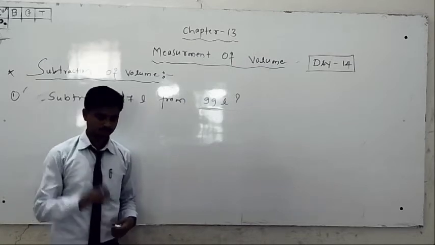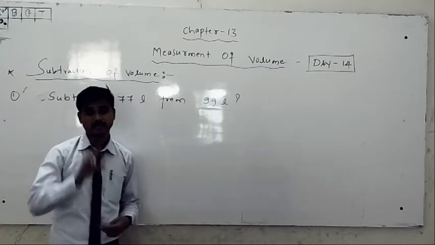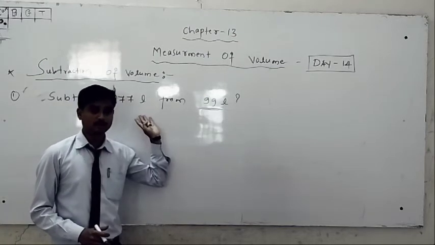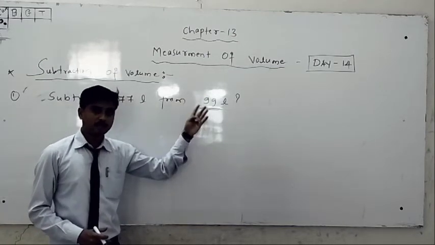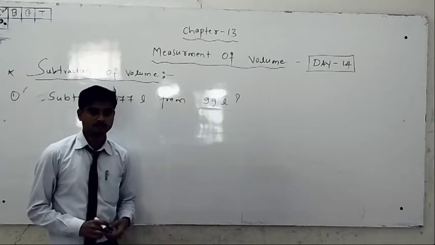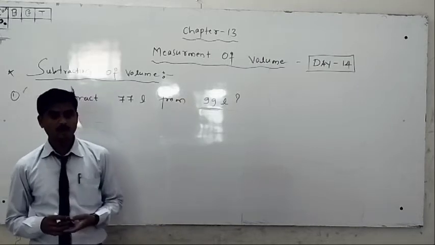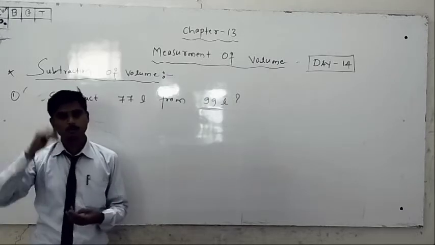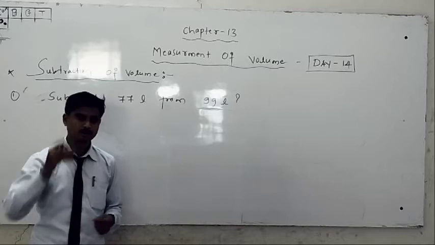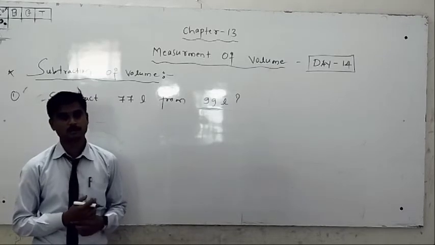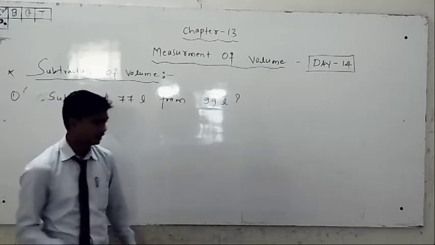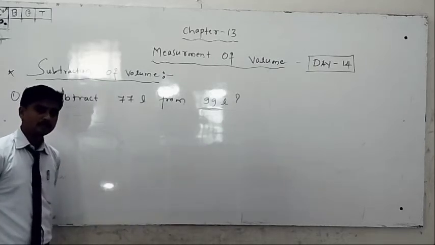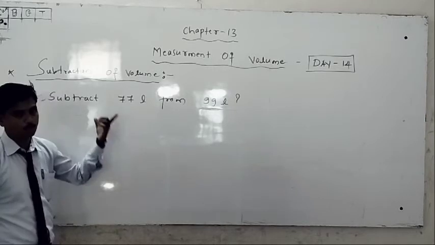I told you every time you should compare the numbers, which is bigger and which is smaller, because the subtraction rule is compulsory: you should subtract the smaller number from the bigger number. Understand? If you understood the question, then no problem.